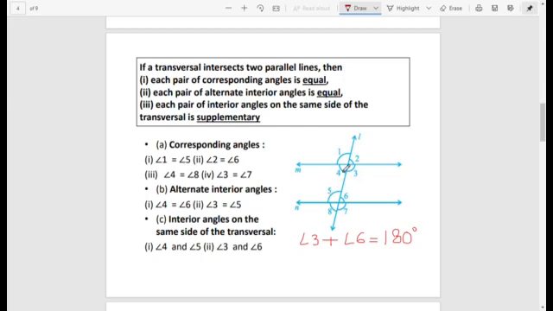Similarly, 4 and 5 are also interior angles on the same side of the transversal. So these will also make 180 degrees if these are added.